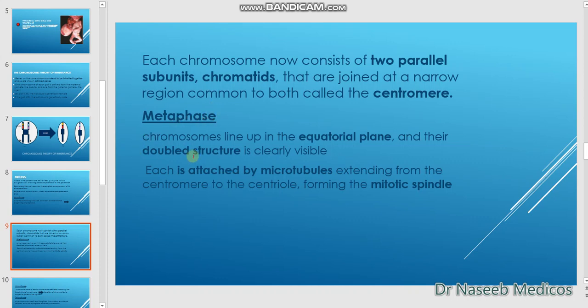In metaphase the chromosomes line up in the equatorial plate, and their double structure can be visible through a microscope. Each chromosome is attached by a microtubule, and this forms the mitotic spindle. That is what the mitotic spindle is, the centromere plus microtubule, and also the centriole. These form the mitotic spindle.